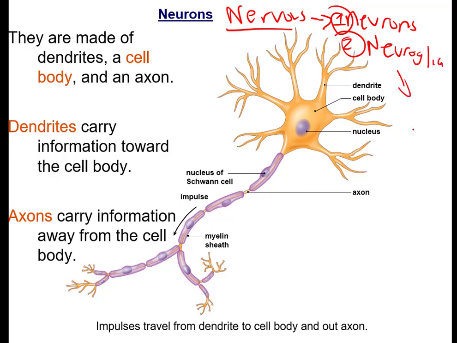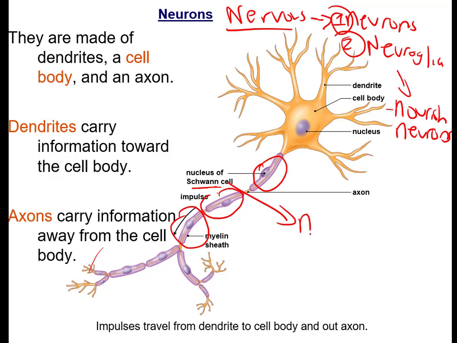Neuroglia, their job is to nourish and surround parts of the neurons. So for example, this picture here shows a neuron. These little purple things that are surrounding parts of the neuron are Schwann cells, which are a type of neuroglia.